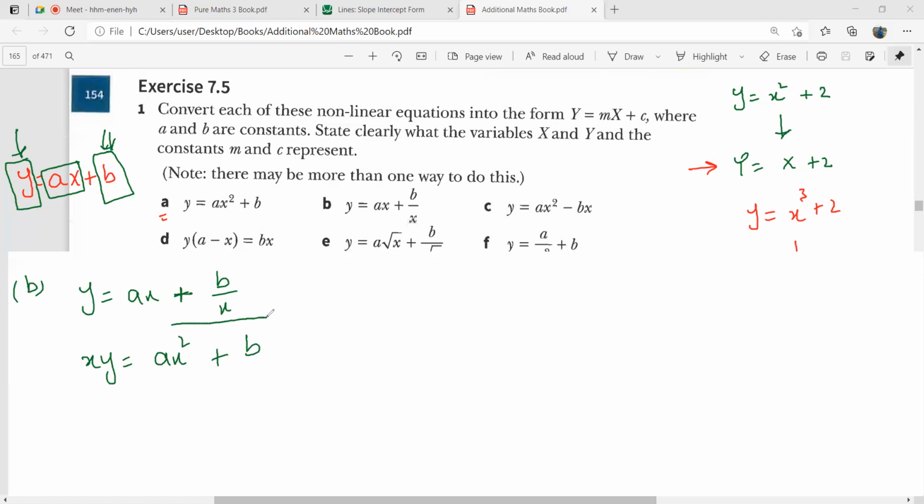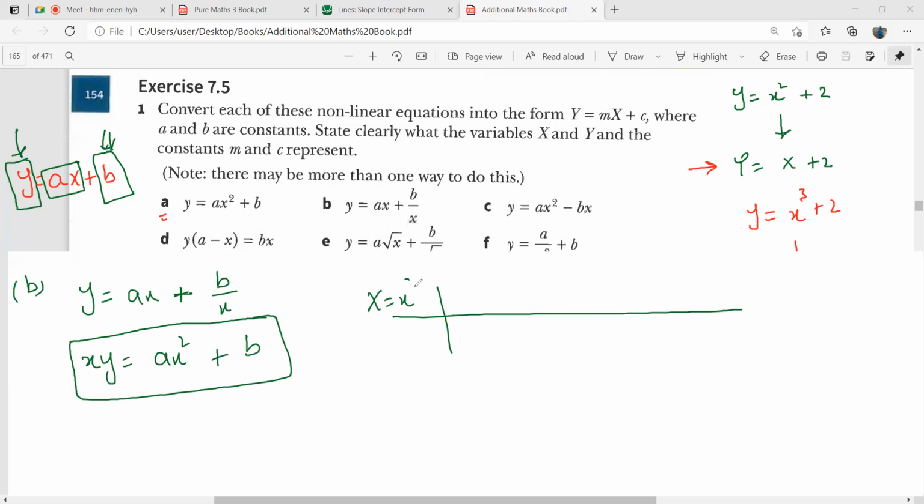Now this is that required form. If you want to plot that onto the graph, the horizontal axis x would be the squares of all the values of x, and your vertical axis, which shows y, will be the product of x and y.